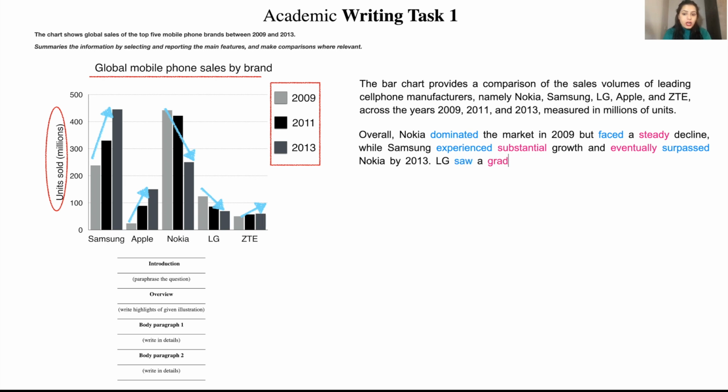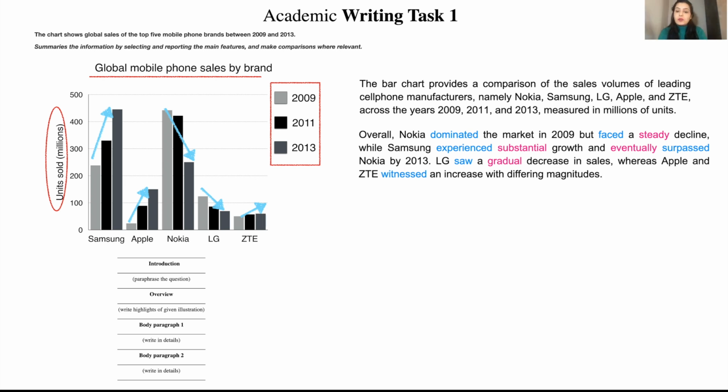LG saw a gradual decrease in sales, whereas Apple and ZTE witnessed an increase with differing magnitudes. So this is what our overview is.